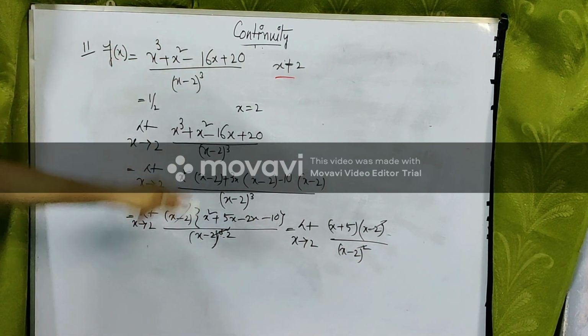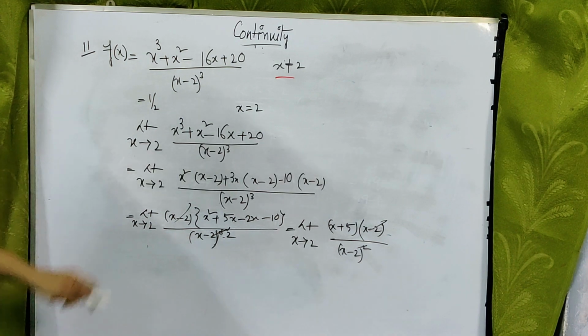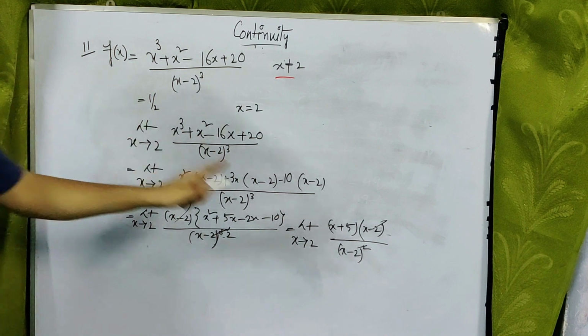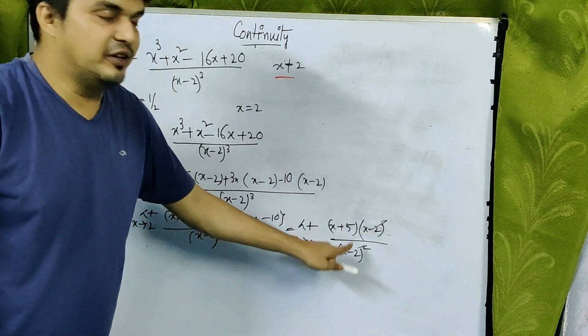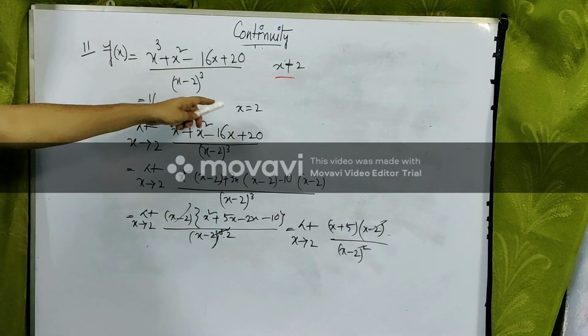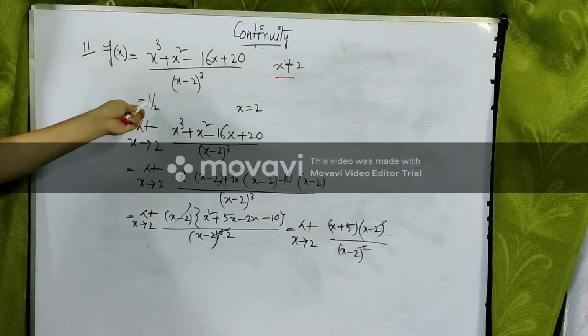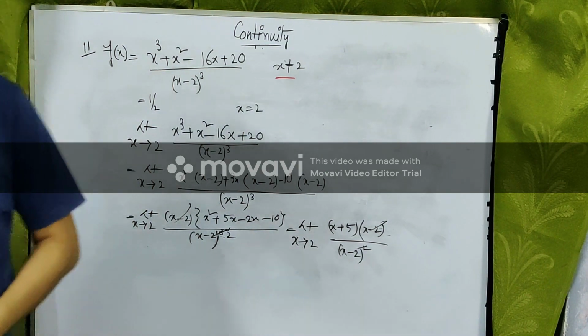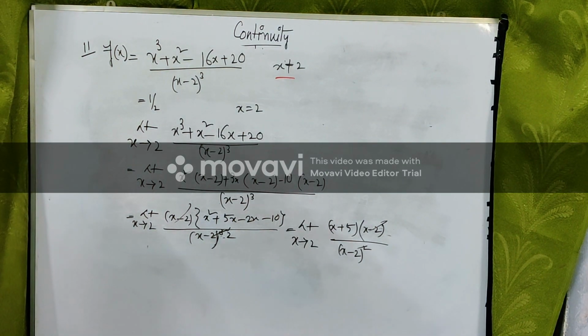Hence the function f(x) is not continuous at the point x equals 2. So again I am repeating, at the point x equals 2, the limit is undefined, and from the definition when x equals 2 it is half, so this is not continuous. Okay. Next question.